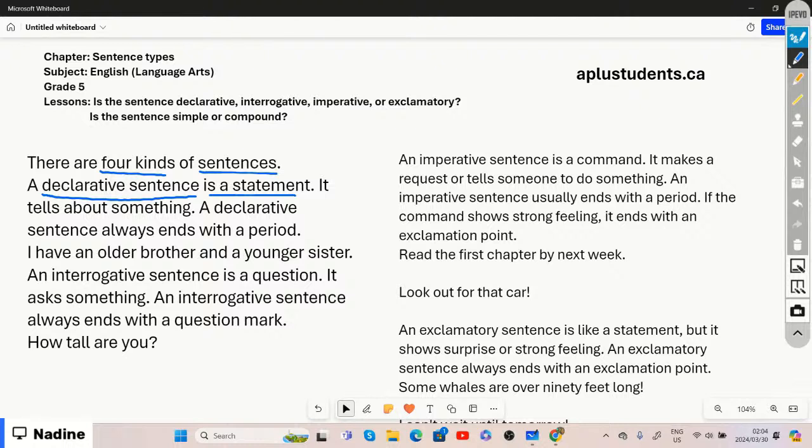It tells about something, like telling them today is Friday, this is Easter weekend, it is Good Friday today. That is a declarative sentence because you are just making a statement. A declarative sentence always ends with a period.